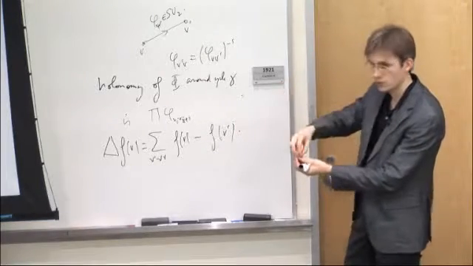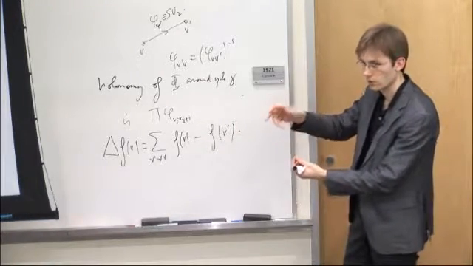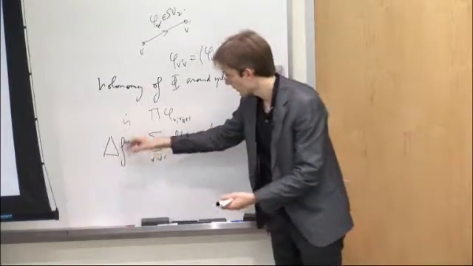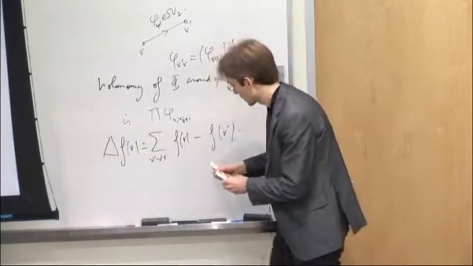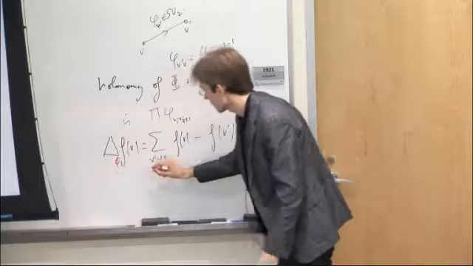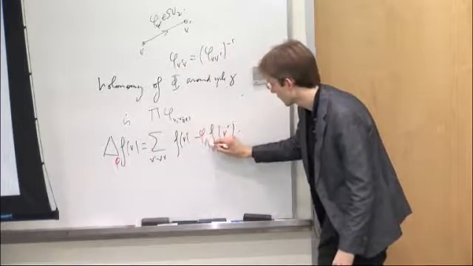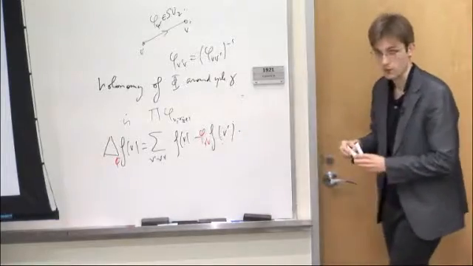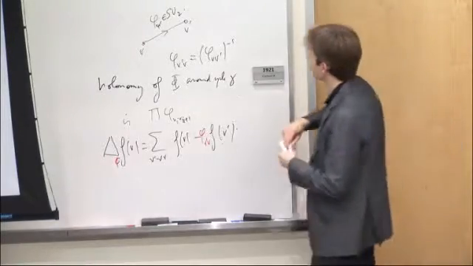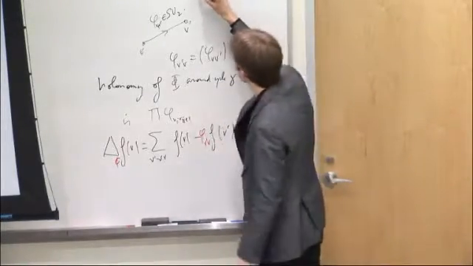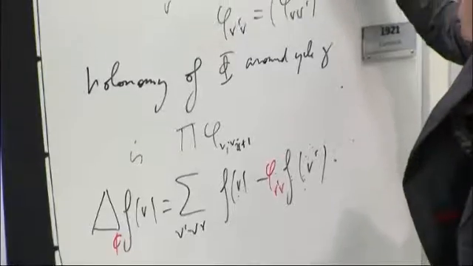Over each vertex, you have a two-dimensional complex vector space, and f is now a section of this bundle. The twisted Laplacian phi of a section is f of v minus phi v prime v f of v prime.